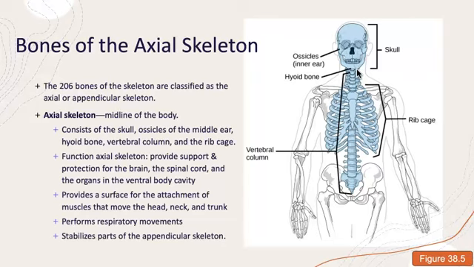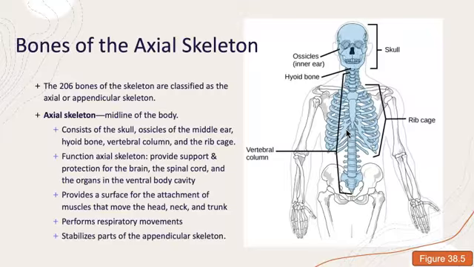If you slid your hand back, you would run into that hyoid bone. And then we have our vertebral column down the center here and the rib cage. All of that belongs to our axial skeleton, and its function is to provide support and protection for our brain, spinal cord, and other organs in our ventral body cavity.